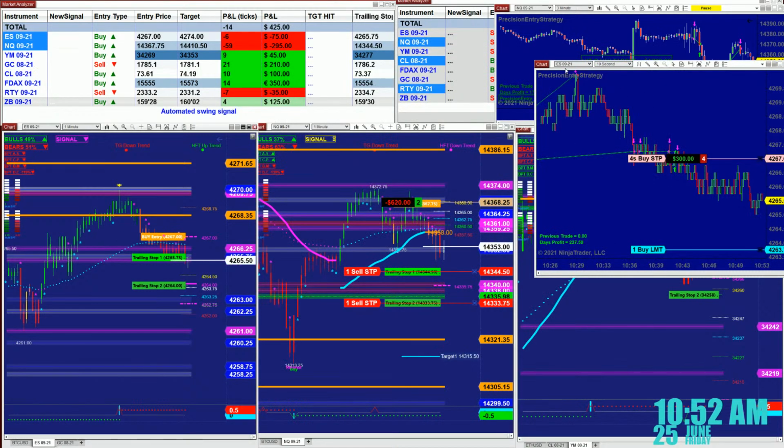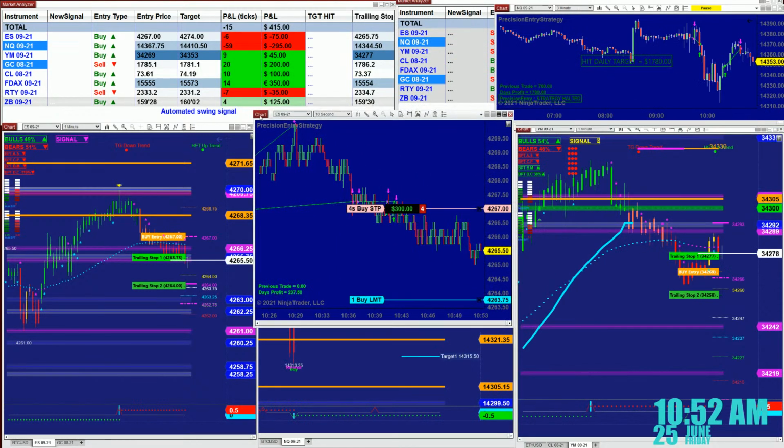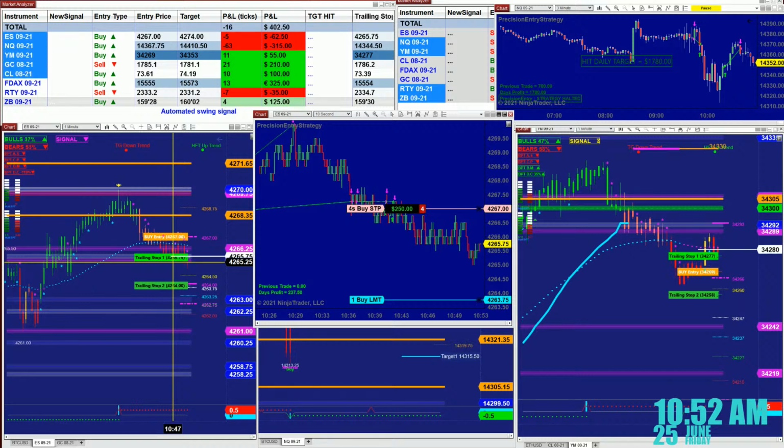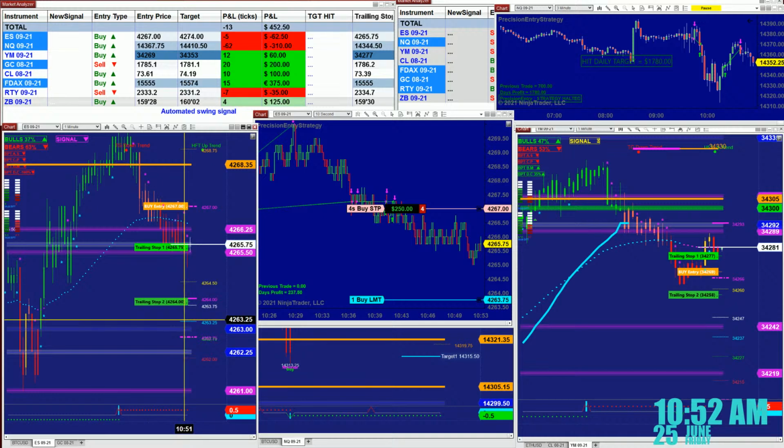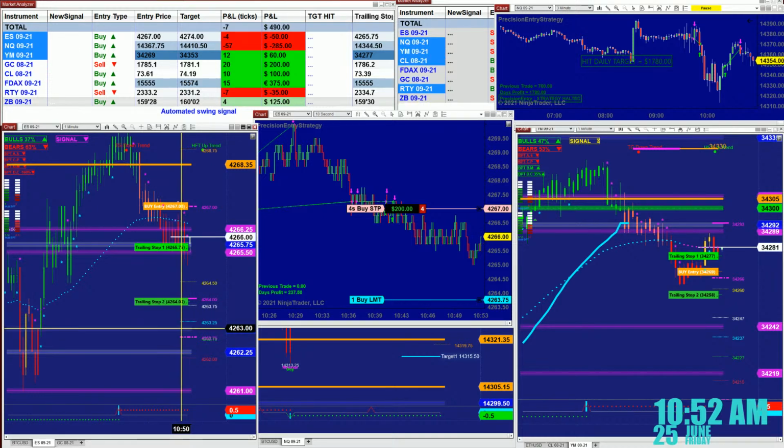So on the ES right now, if we are able to break this double support area, the next problem we have will be 42.63.